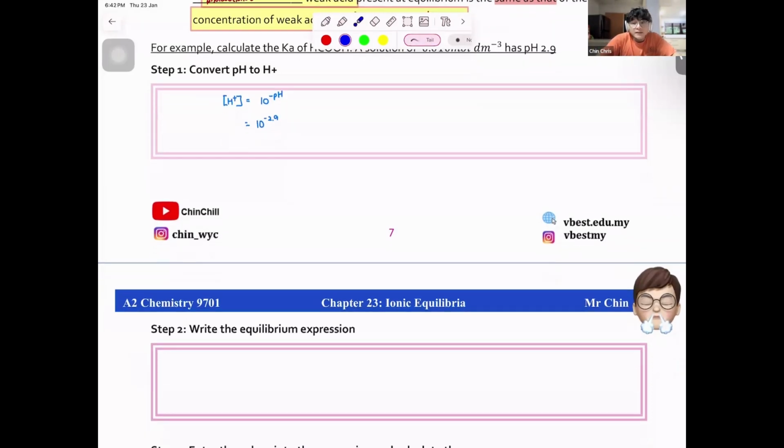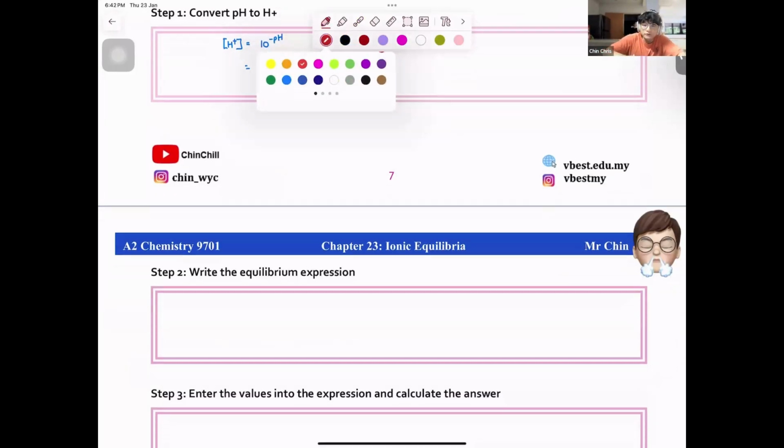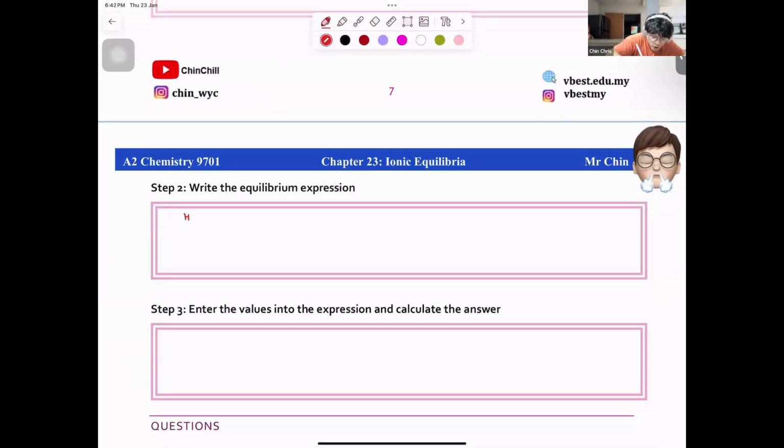All right, guys, next. The second step is to write down your equilibrium expression. You can write a weak acid dissociation equation. When they dissociate, it turns into HCOO minus and H plus. So I can write Ka as H plus times HCOO minus over the undissociated acid.